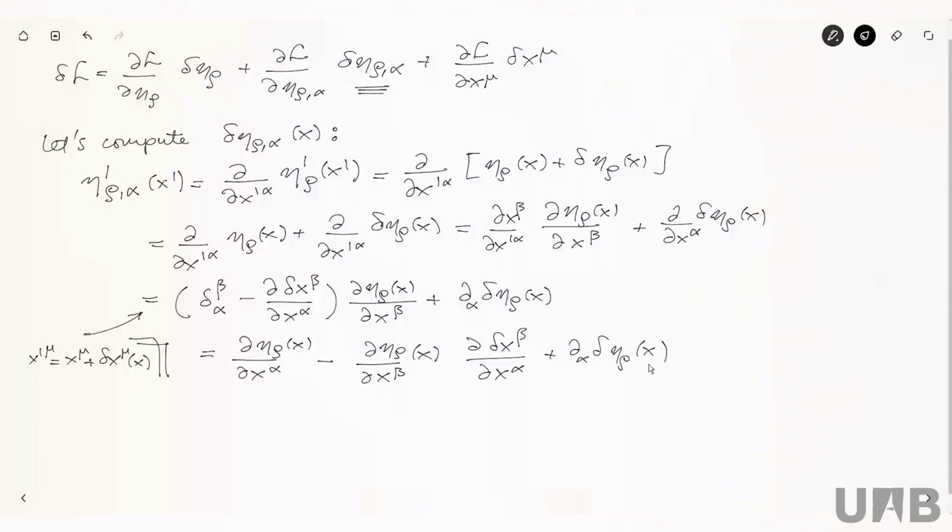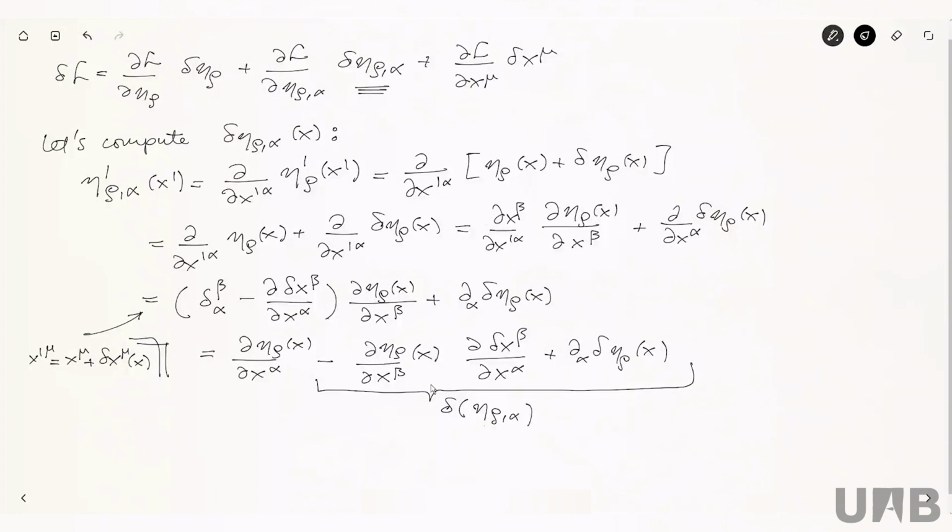So this is what is going to give us this variation, right? Because it says that all the prime variables equal the unprime variables plus something. So this something, these two terms, are the variation of η_{ρ,α} that I'm looking for. So this is this variation that I'm looking for.